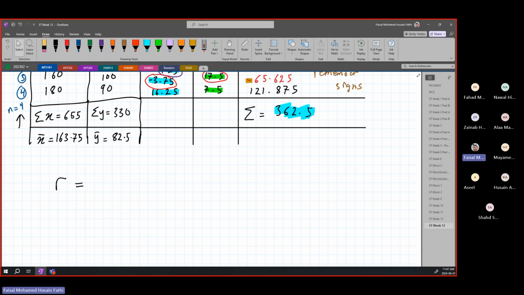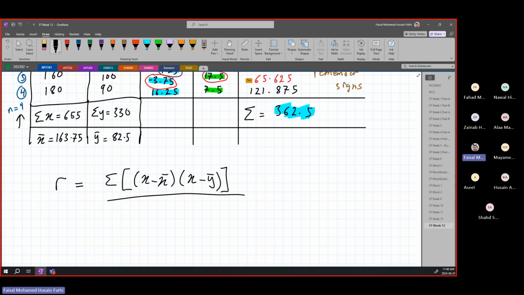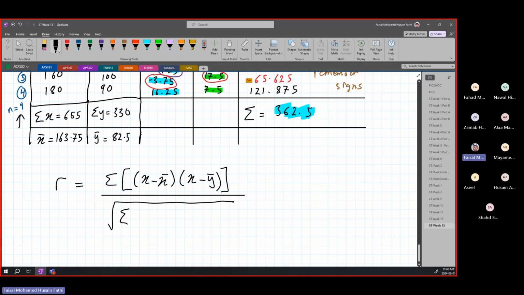The first one, if you do not have the covariance already, you can find it using: R is equal to the summation of x minus x bar times y minus y bar, all over the square root of the summation of x minus x bar squared times the summation of y minus y bar squared.